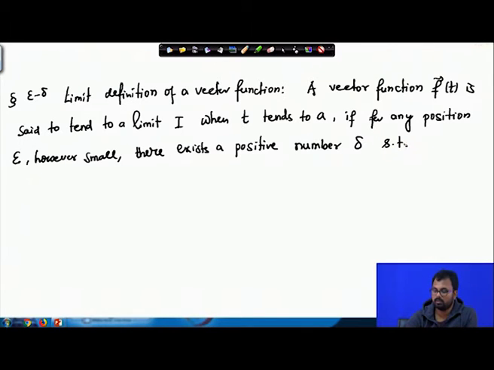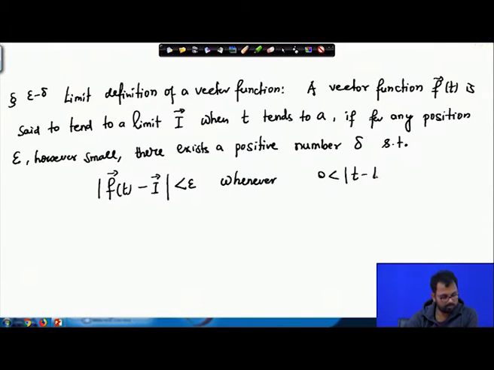such that the norm of f(t) minus l, so l is also a vector, is less than epsilon whenever 0 is less than |t minus t0|, or in this case we have a, so |t minus a| is less than delta.